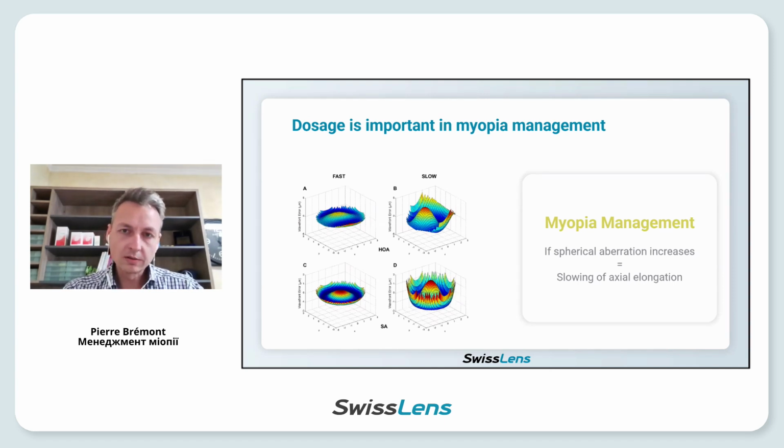The goal of myopia management with contact lenses is to increase the spherical aberration. If you increase the spherical aberration, you slow the axial elongation of the eyeball, so the myopia is under control.